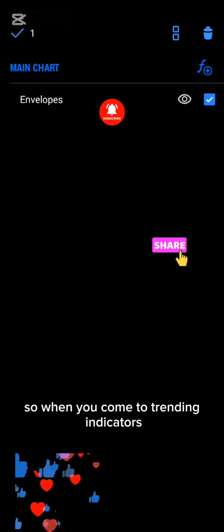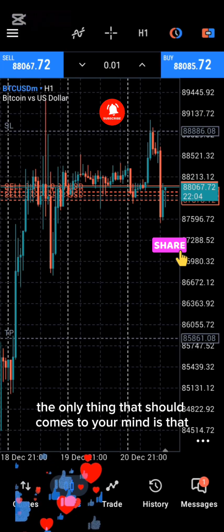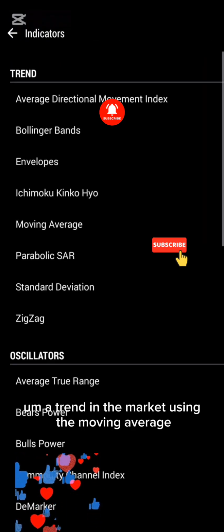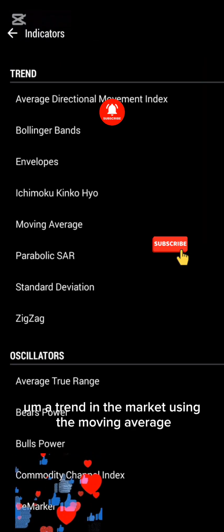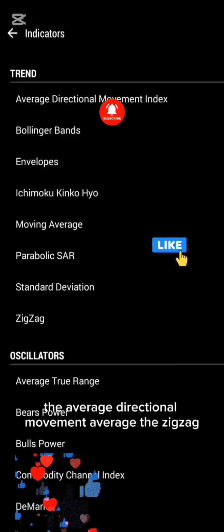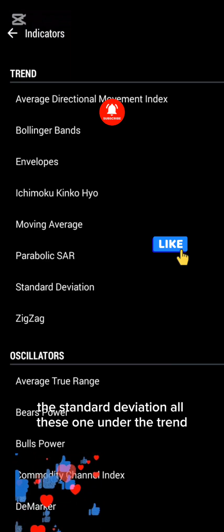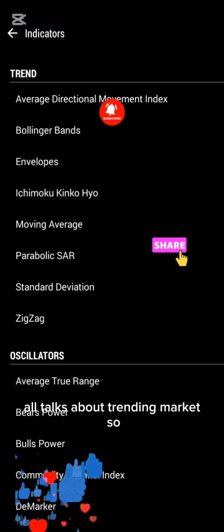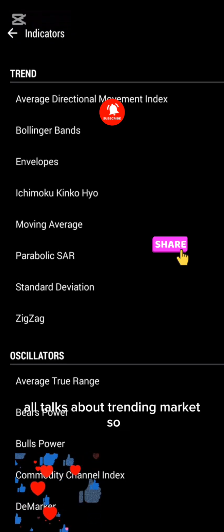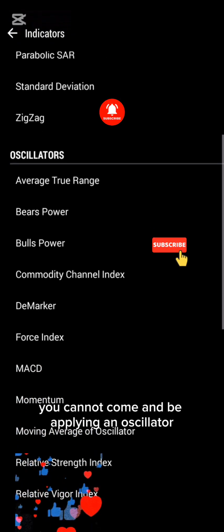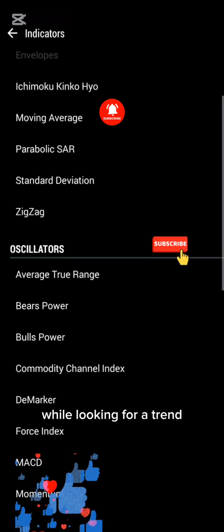So when you come to trending indicators, the only thing that should come to your mind is that you are looking for a trend in the market using the moving average, the envelope, the Bollinger Band, the average directional movement index, the zigzag, the standard deviation. All these under the trend talk about a trending market. So you cannot come and be applying an oscillator while looking for a trend.